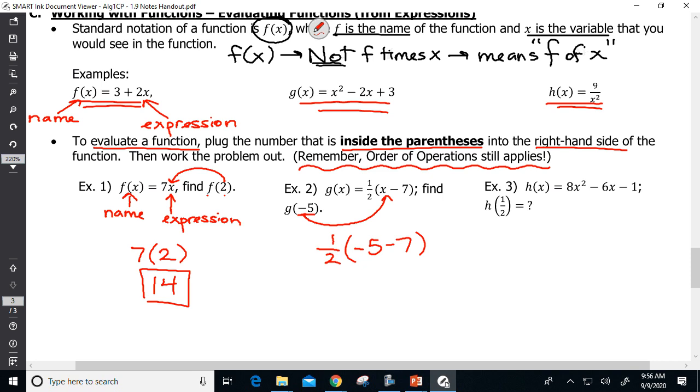So, if I'm solving it out, where do I start? What gets worked out first? Parentheses. So, -5 minus 7 is what? It's not 2. It's -12.